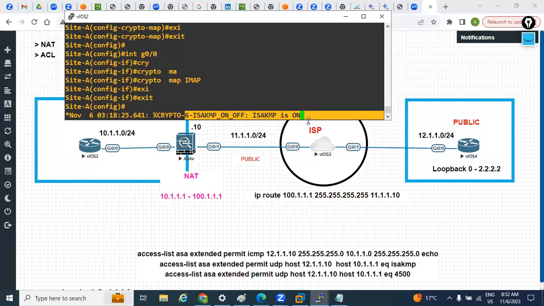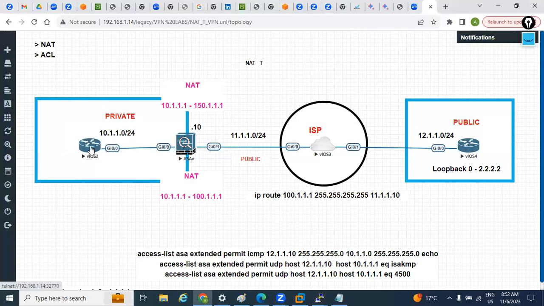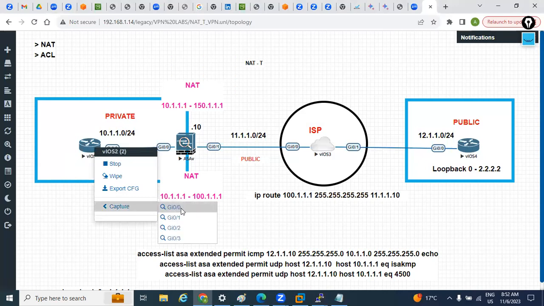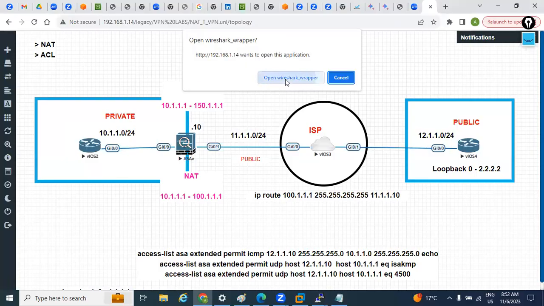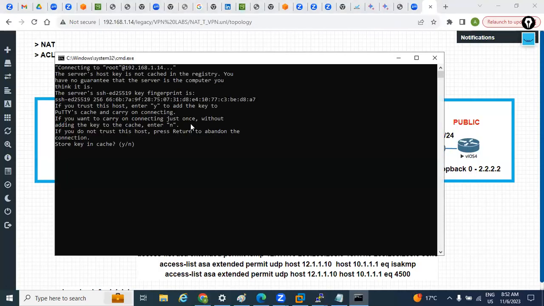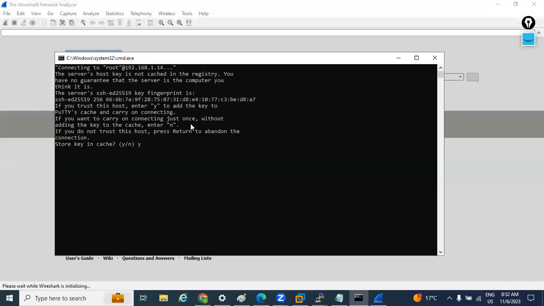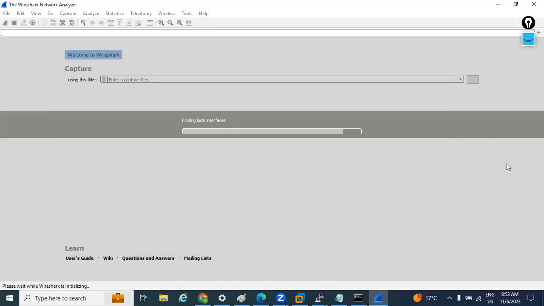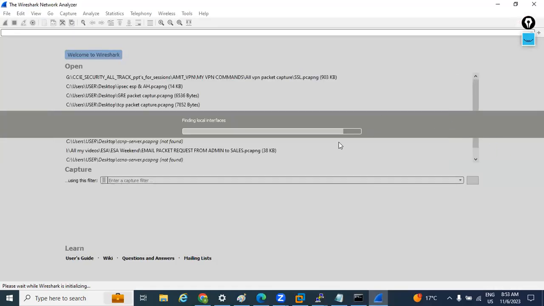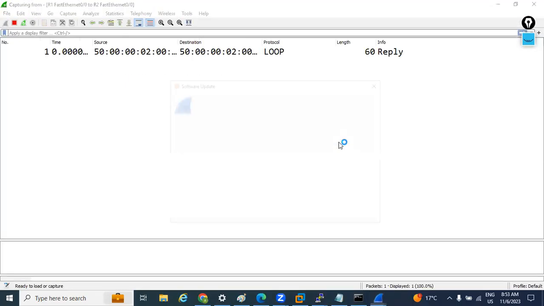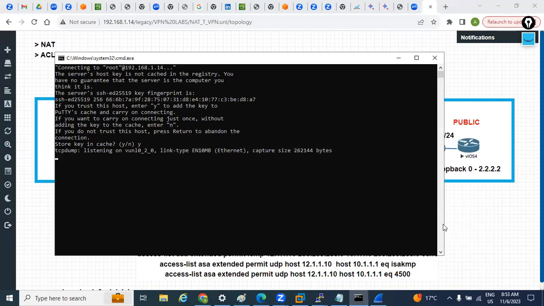Okay, just let me enable the capture here once. All fine here.